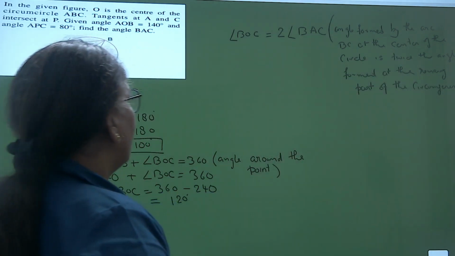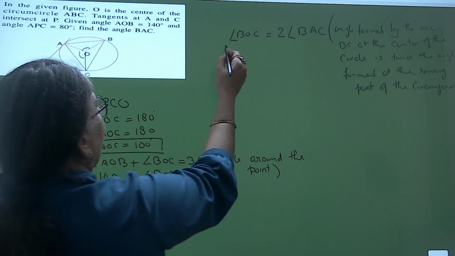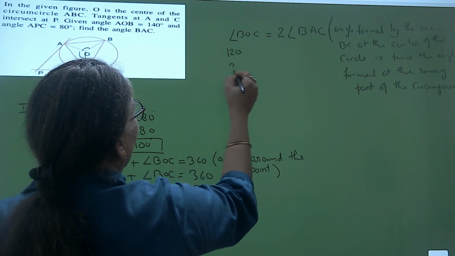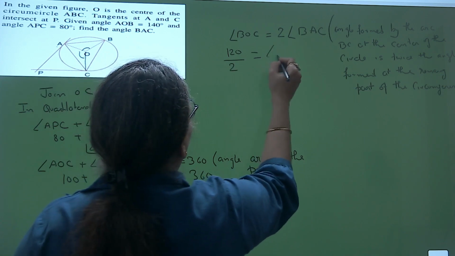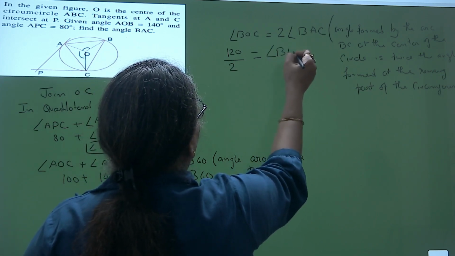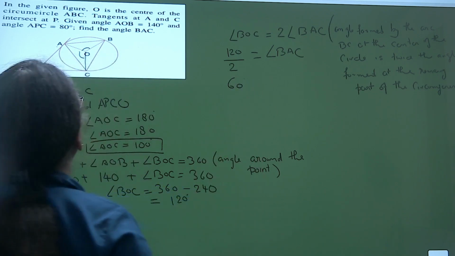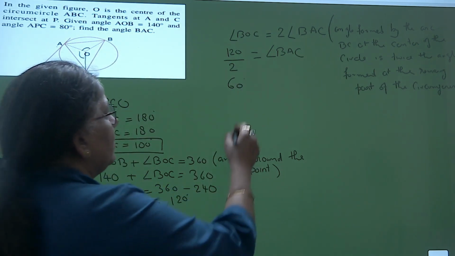So angle BOC is 120. Divide this value by 2, you get angle BAC, that is 60 degrees. So angle BAC is 60 degrees.